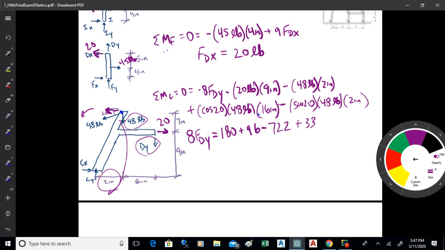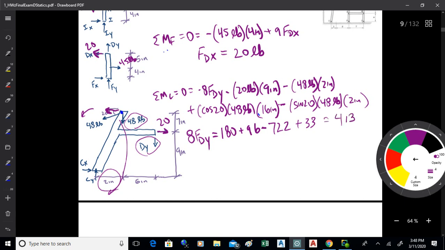So when I go ahead and do that, I'll get 722 minus 180 minus 96. Minus 33, it's 413 is what I get.